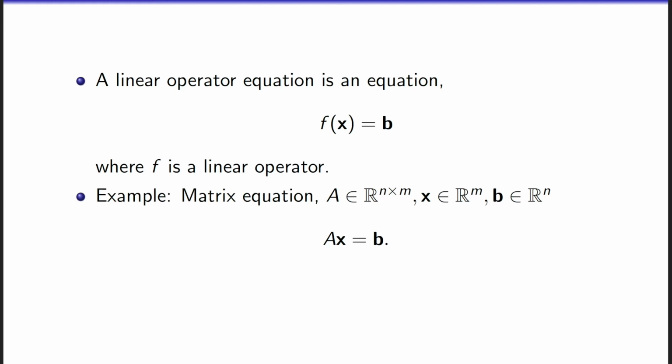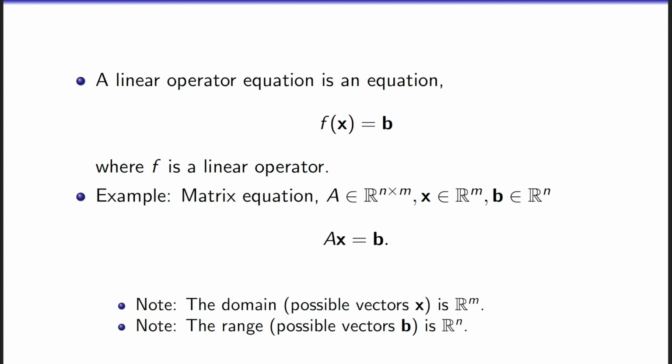If we assume that A is an n by m matrix, the domain for this operator, that is the space of all possible solutions to this equation, is R^m, while the range, the space of all possible outputs, is R^n. So outputs for this linear operator equation are represented by b. Therefore, all possible b vectors are going to live in R^n.